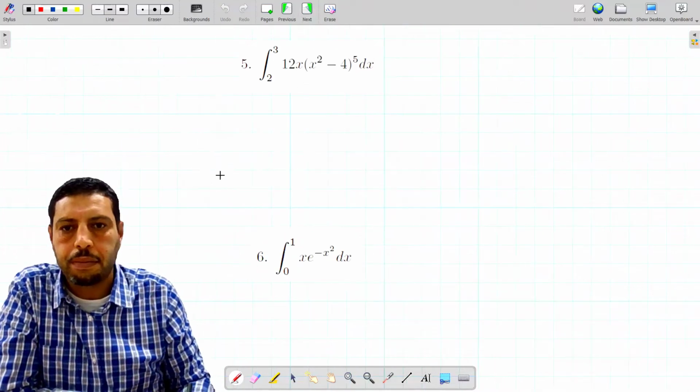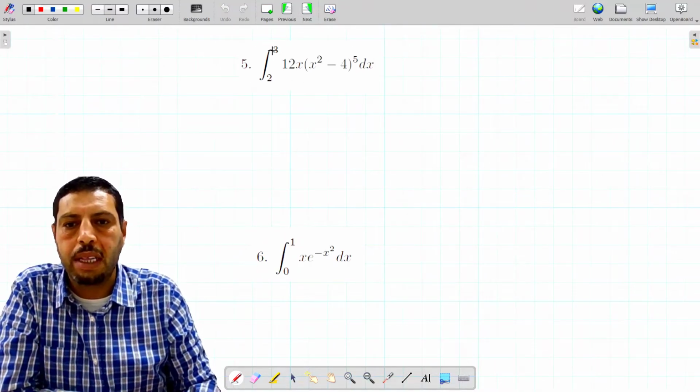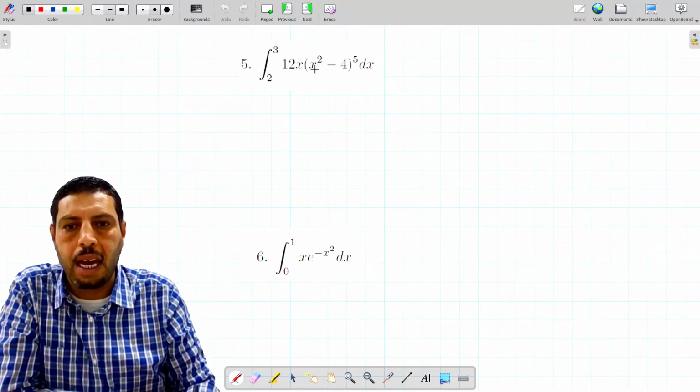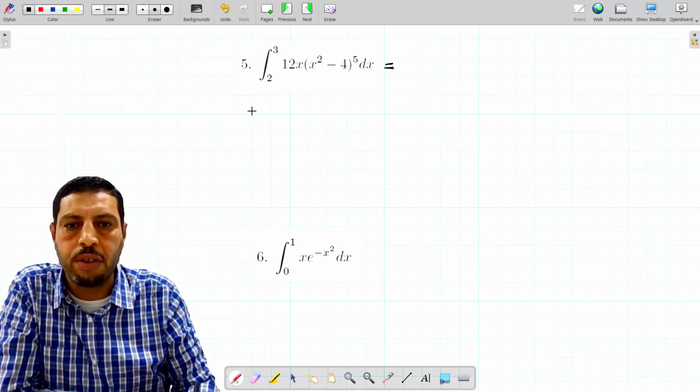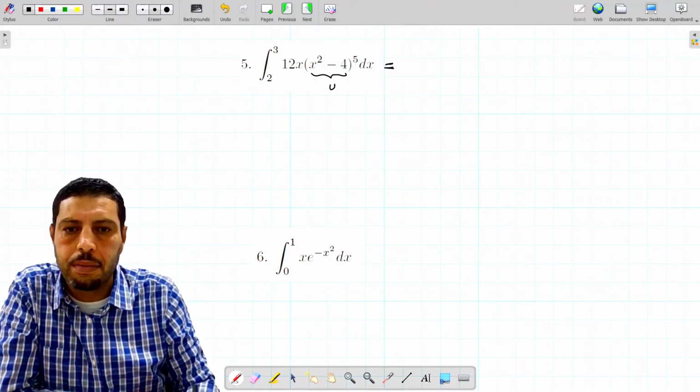Next one, the integral between 2 and 3 of 12x times x squared minus 4 to the power of 5. We can, of course, here use integration by substitution, since it's of the form u prime u to the power of n. So this is u. U prime is 2x.